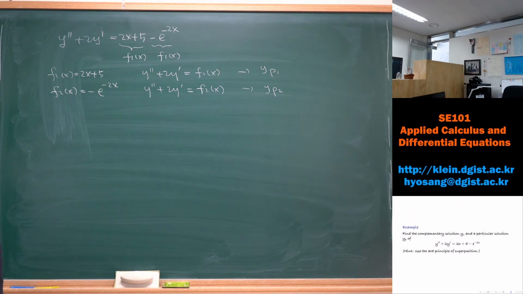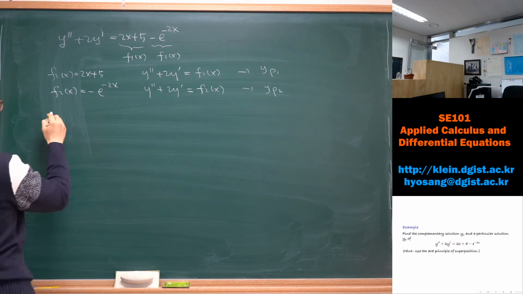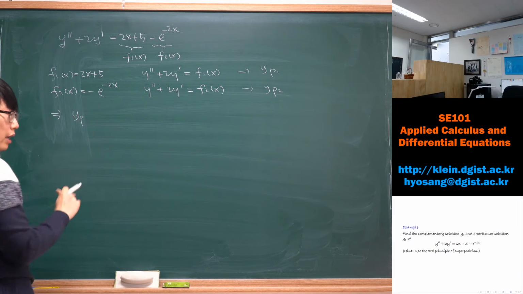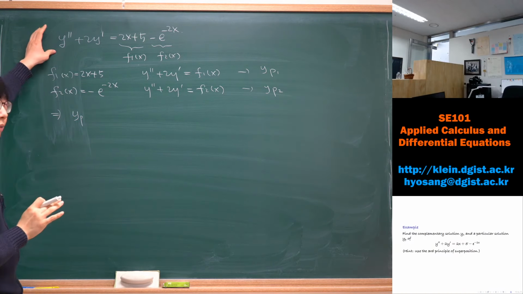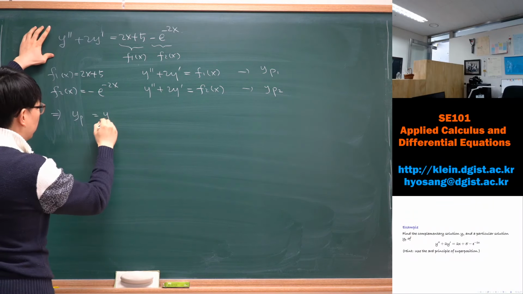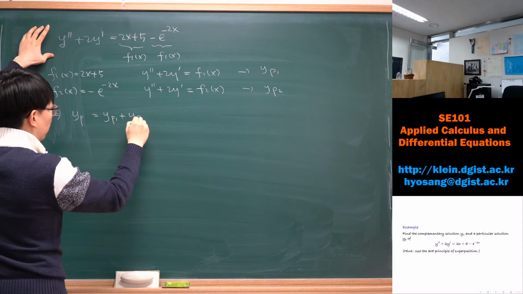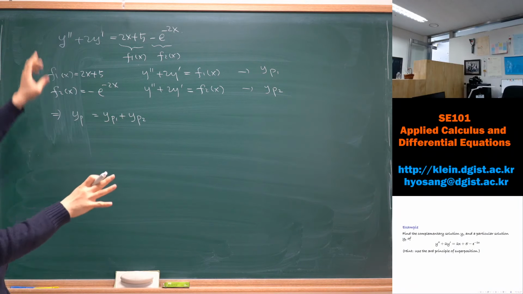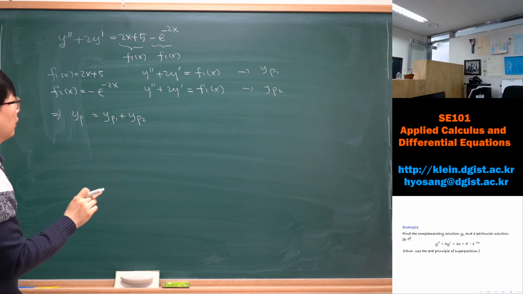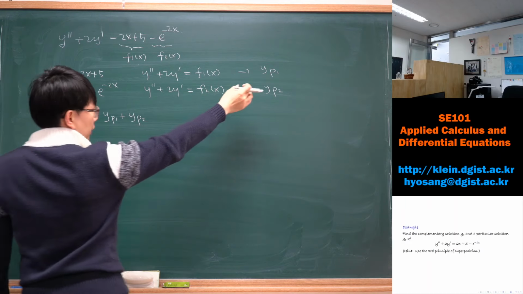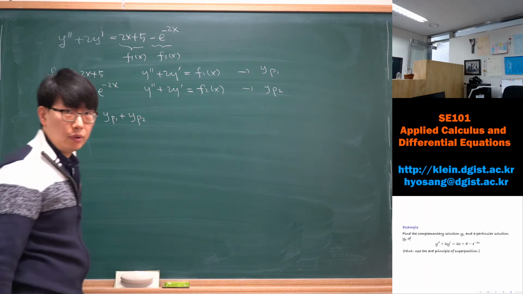Then a particular solution of the original differential equation is simply the sum of these two particular solutions. That's the principle of superposition 3. So I'm going to find this yp1 and yp2 separately.